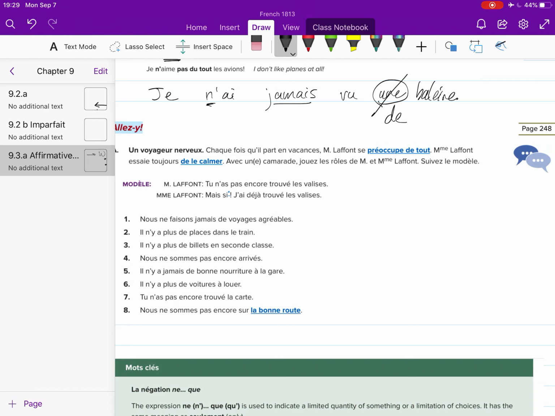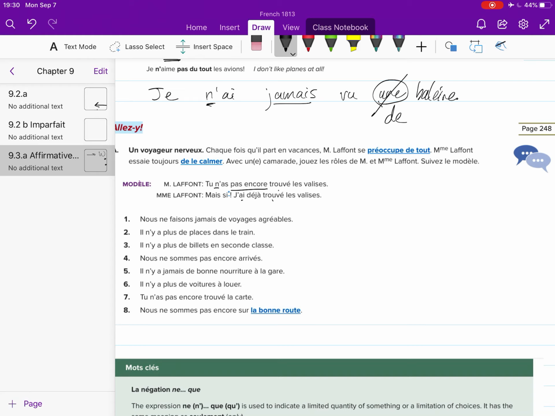So you have Monsieur Lafont, who is constantly negative, and his wife is the sunshine and, you know, positivity shining everywhere. So Monsieur Lafont says something like, Tu n'as pas encore trouvé les valises. So he's got the negative. Pas encore. And Madame Lafont is just going to redo the sentence. In this case, the tu becomes je, but you still have the same idea for verbs, right? Passé composé of trouver. And you're going to think, okay, what's the opposite of this negation?